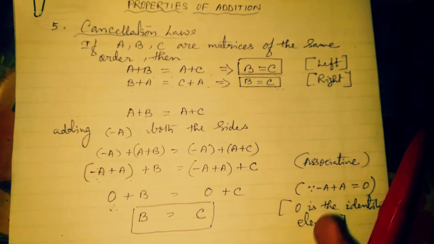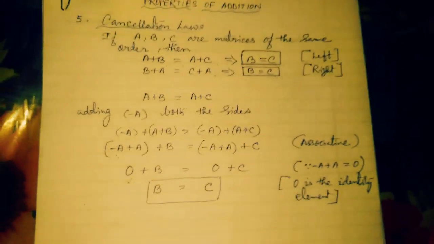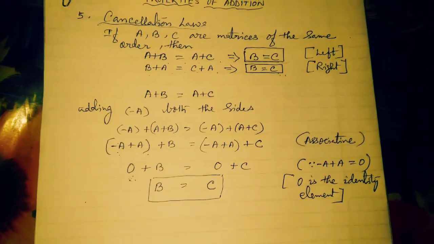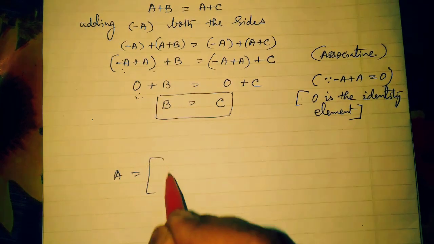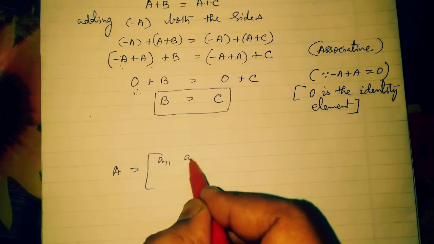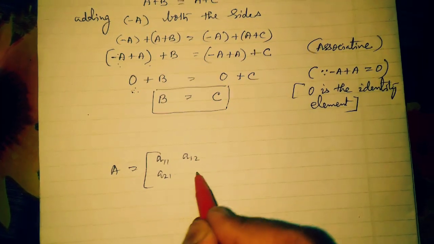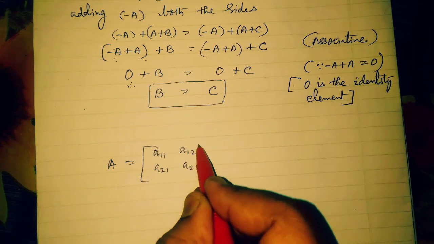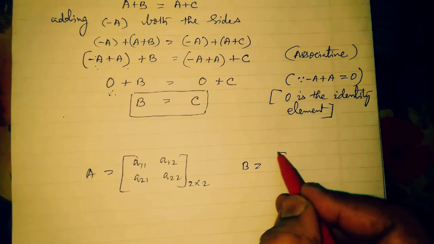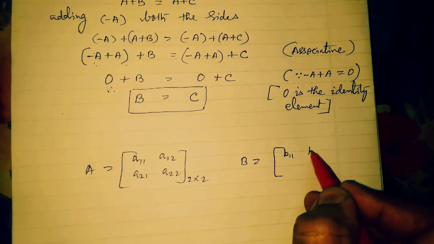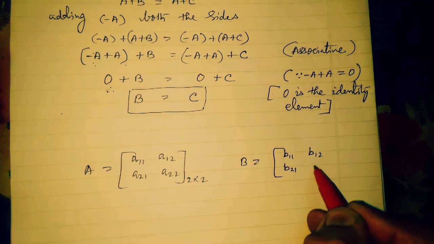Understood, student? But one thing to follow here: in the addition case, be careful. Suppose A is given as A11, A12, A21, A22, a 2 by 2 matrix. And matrix B is given with elements B11, B12, B21 and B22.